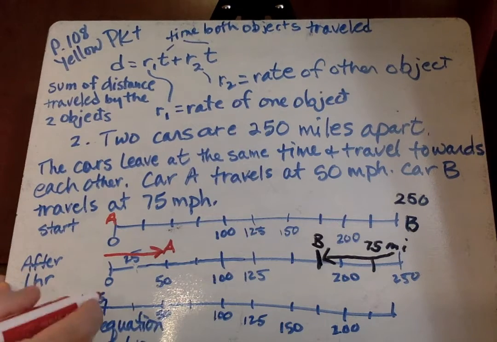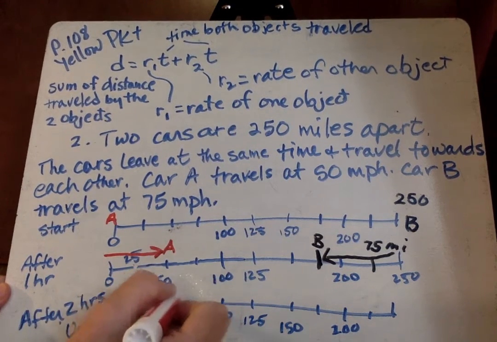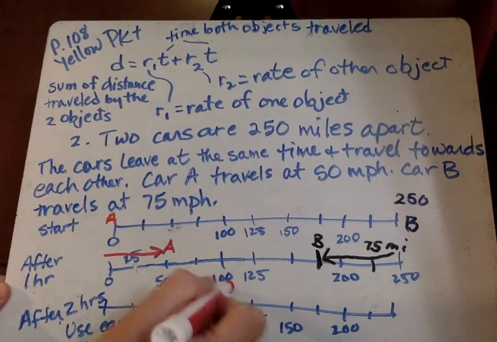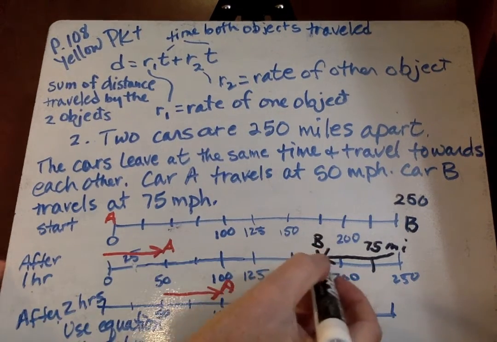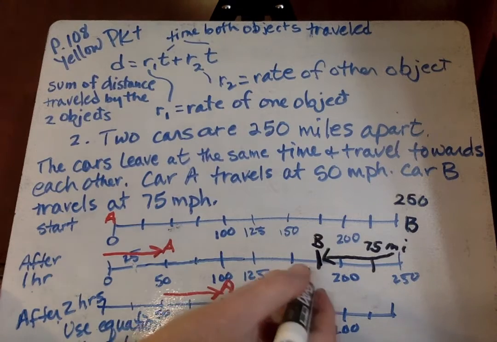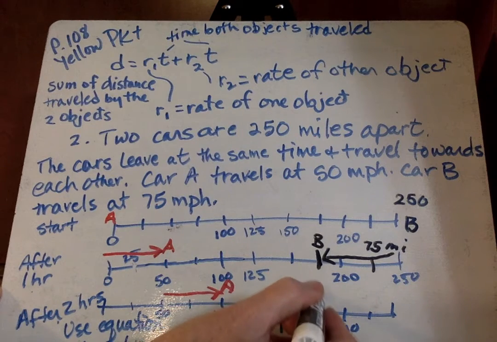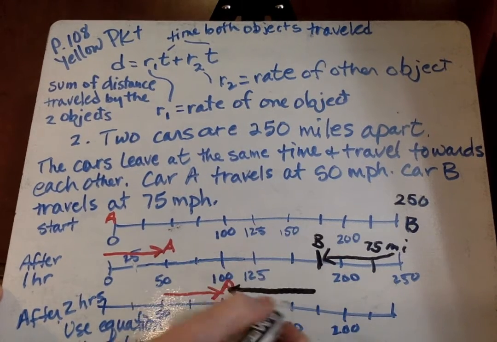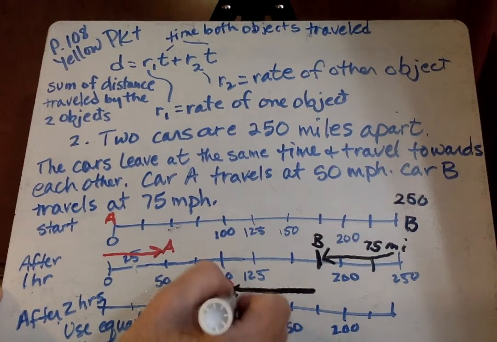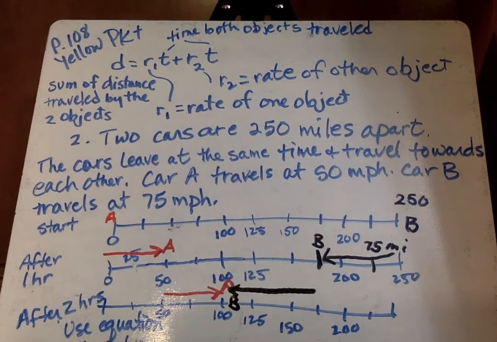Okay, and then after 2 hours, car A is at 100, and car B, he's at 175 there, so he goes from there, he goes 75 more miles, and there you go, right there.